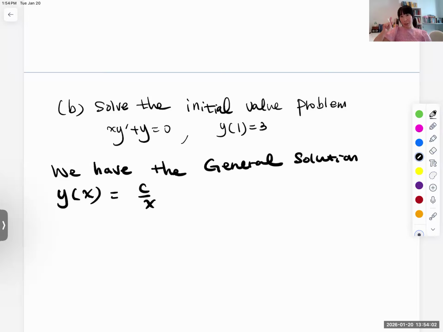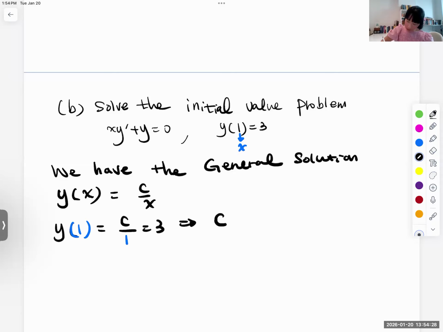We need to use the initial condition, right? So we have y of 1 equal to c over 1 equal to 3. Easy, c equal to 3, right? That's it, right?